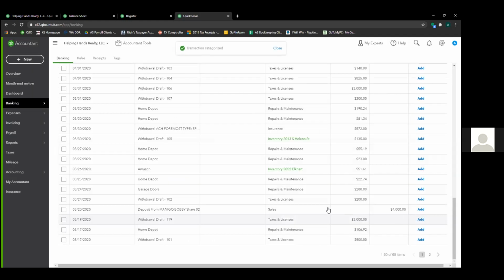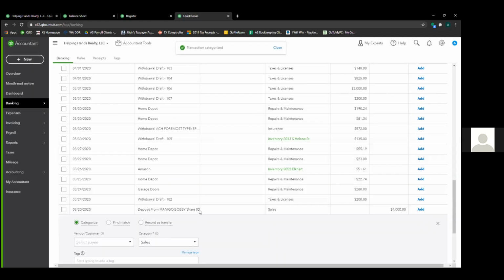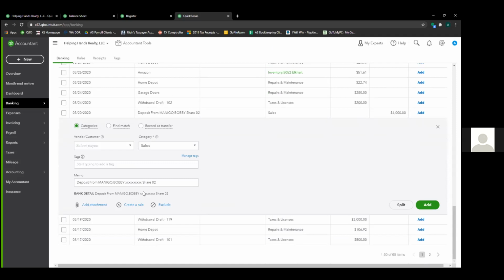Okay. Yep. This 4,000 here, was this a third party lender or is this Bobby putting money in? I don't know. It might have been money where he borrowed money and he put money back in. I don't know what that would be considered. Would that be considered a deposit, investment? A loan, a liability? Yeah.